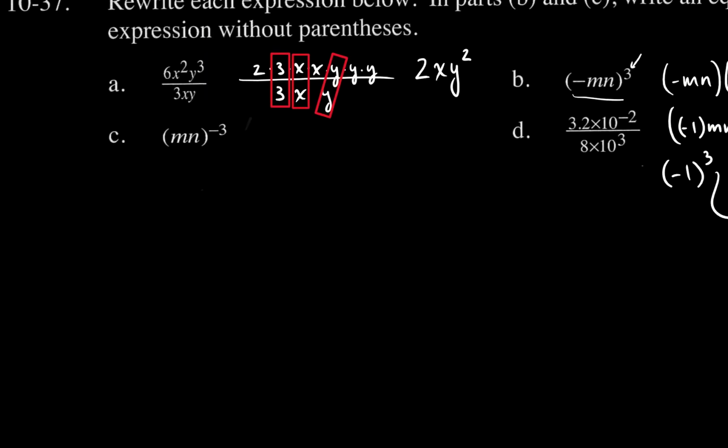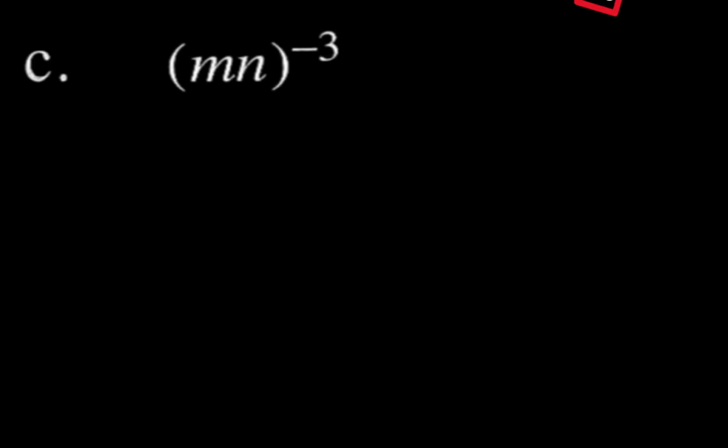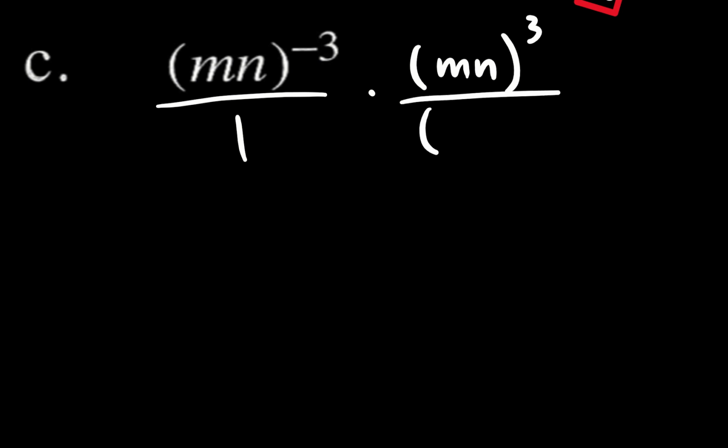All right, so now let's go ahead and take a look at C. It says, again, we're supposed to write this without the parentheses like we did in B. For this, I understand that if I multiplied this by mn to the positive third over mn to the positive third, by introducing this giant 1, mn cubed over mn cubed, I destroy this particular negative exponent.